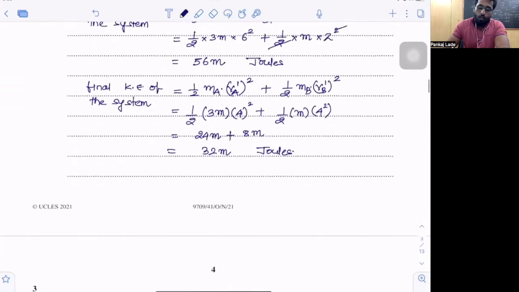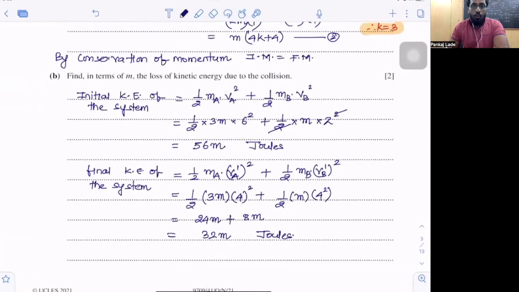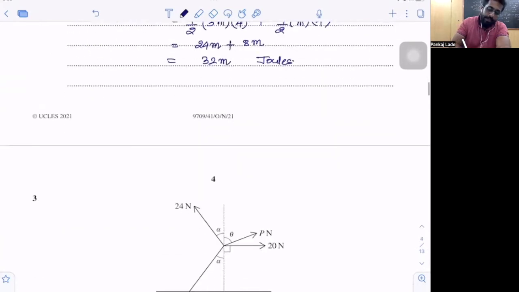So therefore, what is the loss of kinetic energy? So loss of kinetic energy now can be written as final kinetic energy minus the initial kinetic energy.